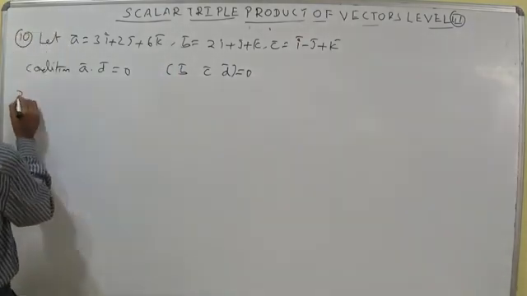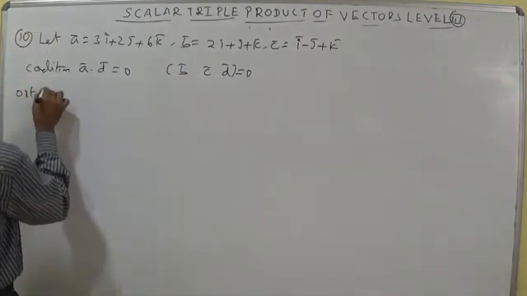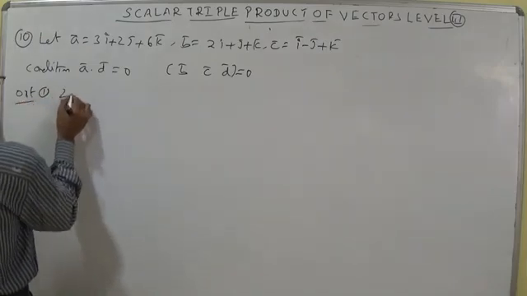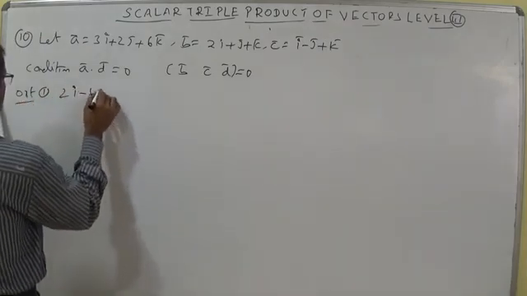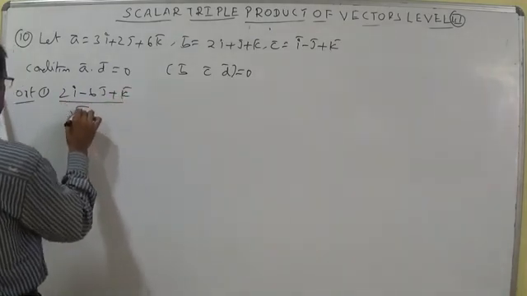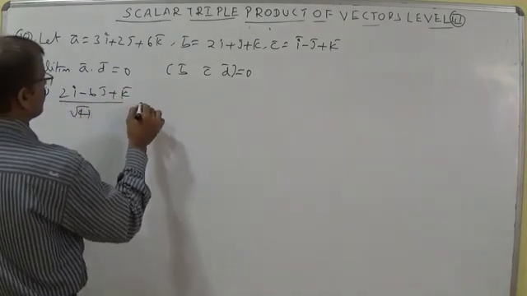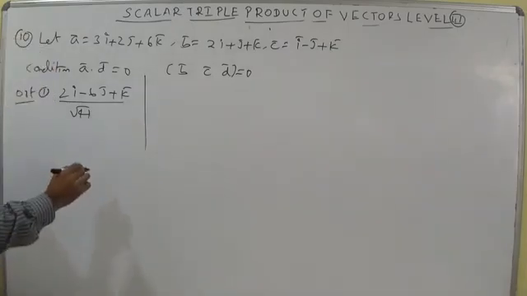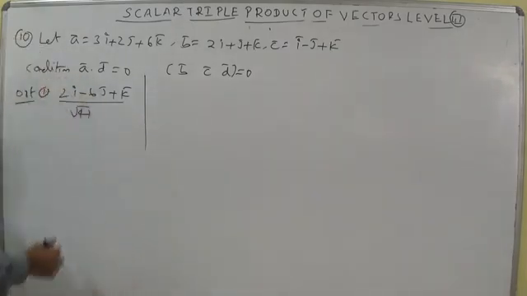Option 1 I am writing: 2i minus 6j plus k by root 41. Using BCD equal to 0, this is not possible.